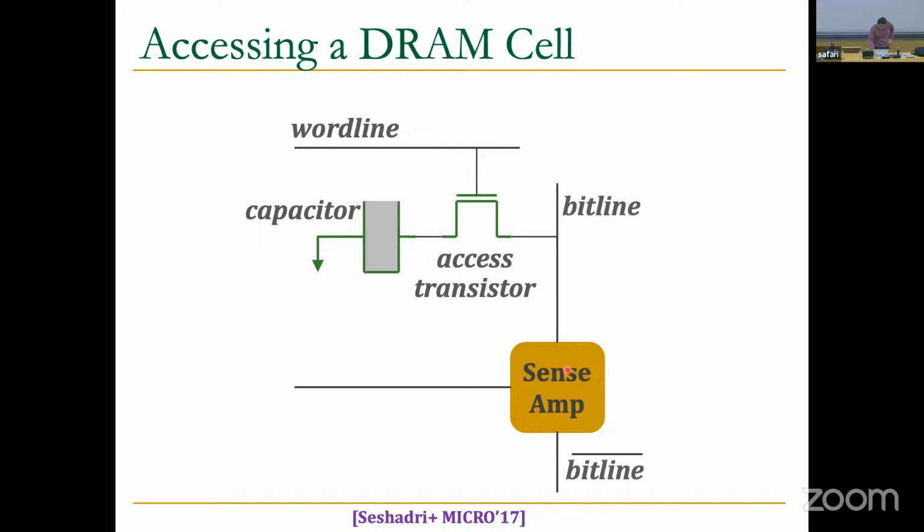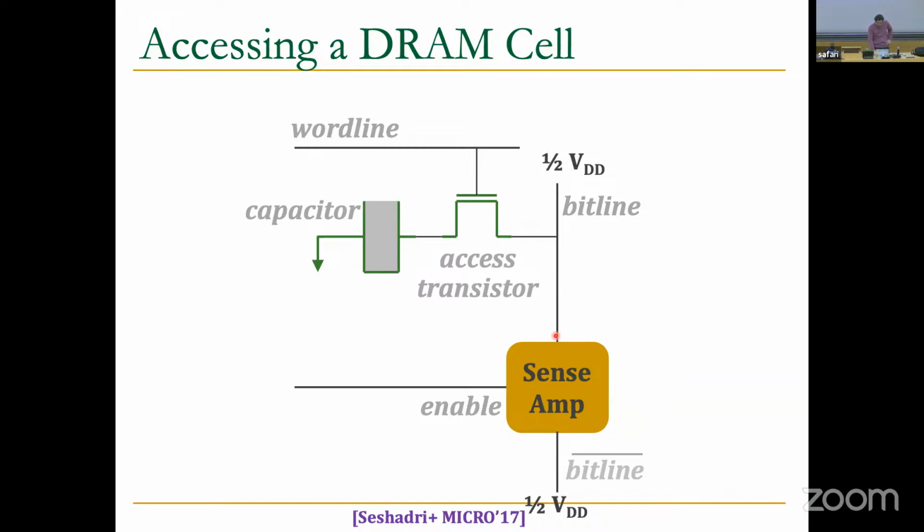There's also a bit line bar that we're not so much interested in. And there's also an enable signal that enables the sense amplifier, which means the sense amplifier will amplify the voltage difference it sees in bit line and bit line bar. That's basically when you copy data from a row to your row buffer.